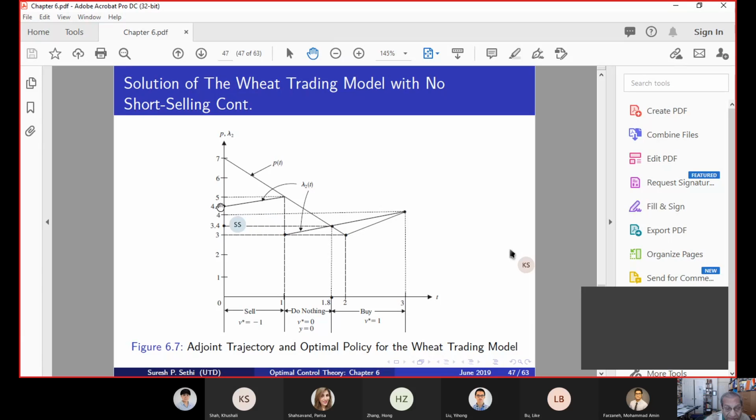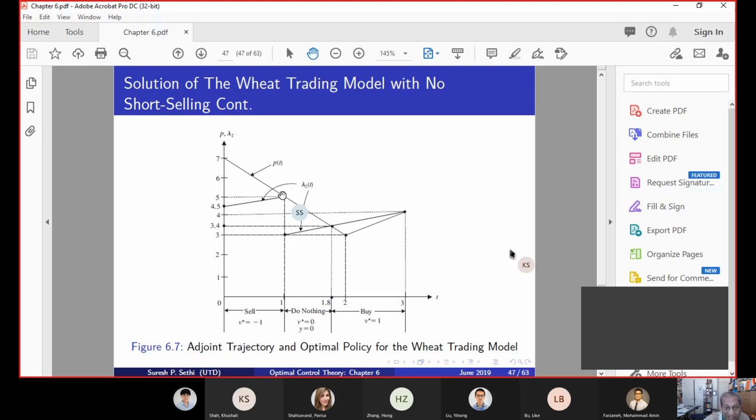The slope is half, so it goes to 5, and at 0 it will be 4.5. It goes from 4.5 to 5 in one time unit. So that's my lambda. And I do nothing here. If I do nothing here, then I can continue all the way here because the entry point is here.